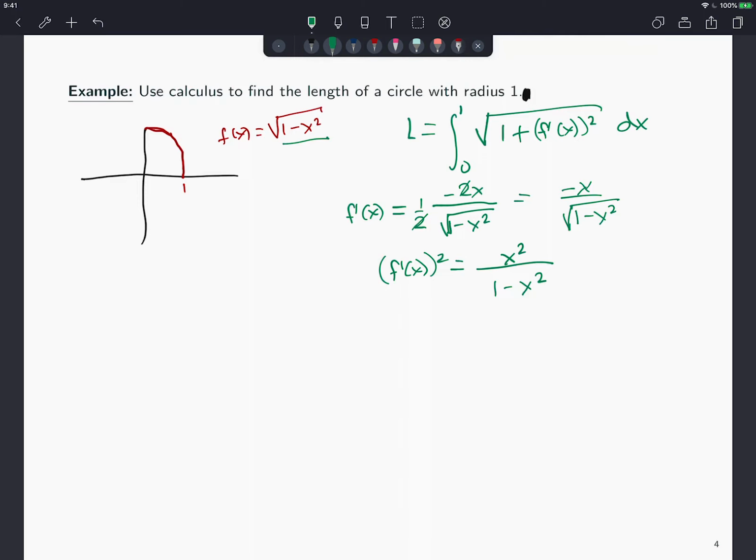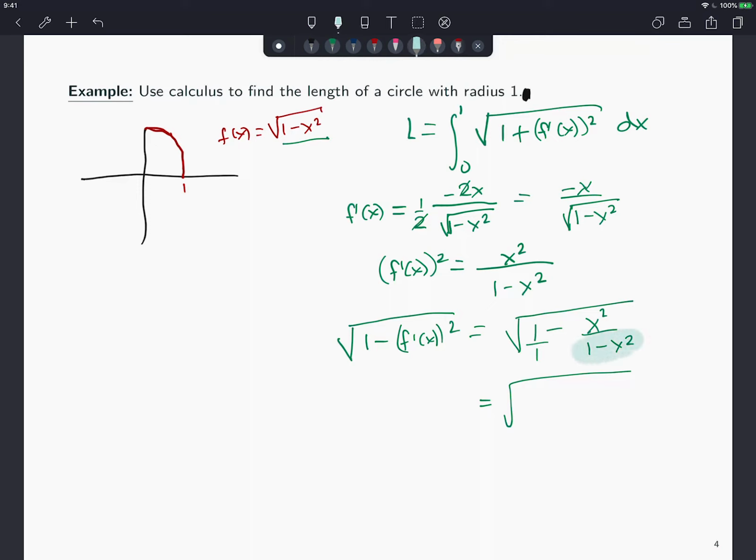Now I need to put it inside the square root. So I need to write the square root of 1 plus f prime of x quantity squared. So I would do the square root of 1 minus x squared over 1 minus x squared, so I'm going to put it under the same denominator. So I put this guy over 1, and I multiply and divide by this term, right?